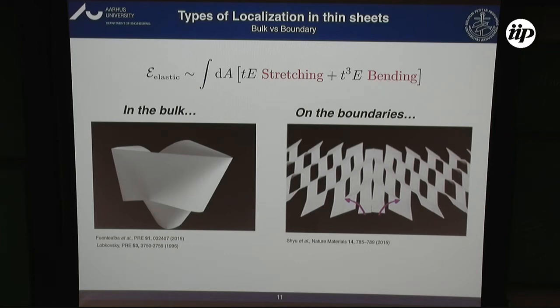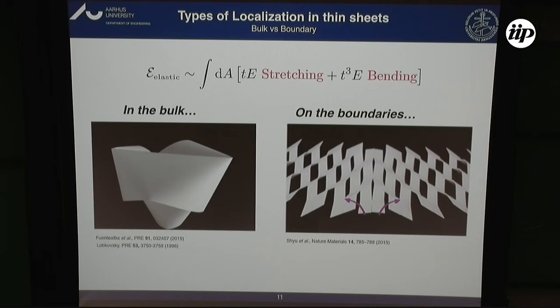Benny gave a talk yesterday, or the day before yesterday, I don't remember, where he spoke about this balance, and several other people have been using this idea as well, so I won't spend much time, but just remind you that we are dealing with thin sheets that undergo in-plane stretching, like this, and out-of-plane bending, and those two contributions are important to understand the energetic balance of these structures.